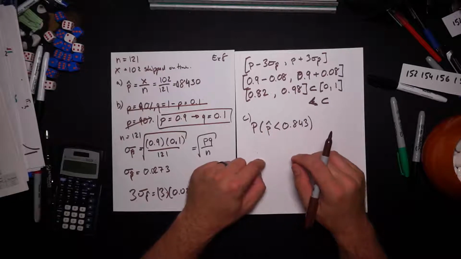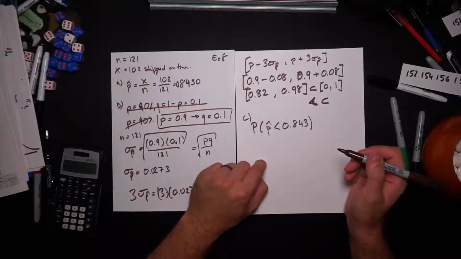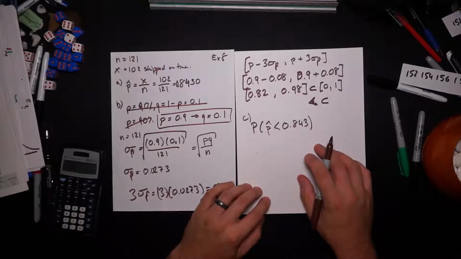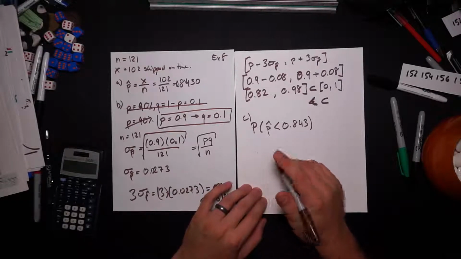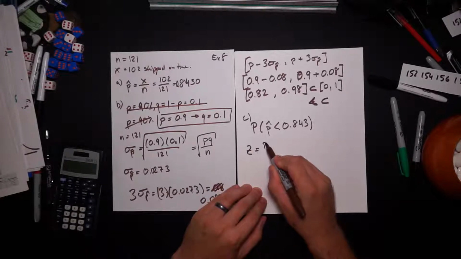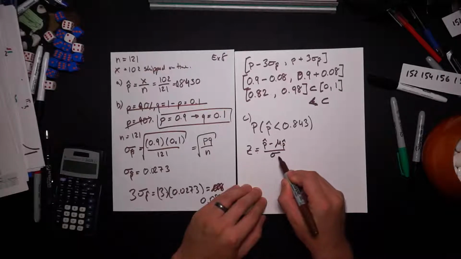All right, well, Z equals P hat minus mu P hat divided by sigma P hat.